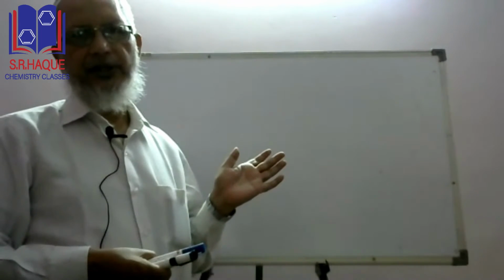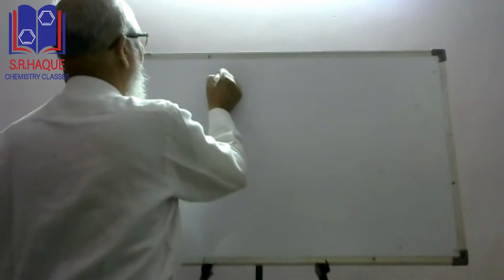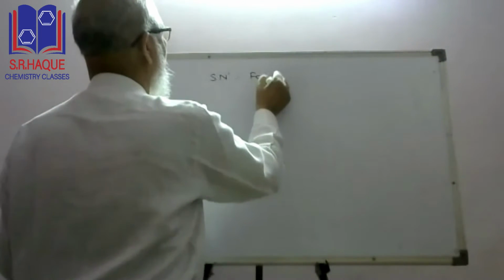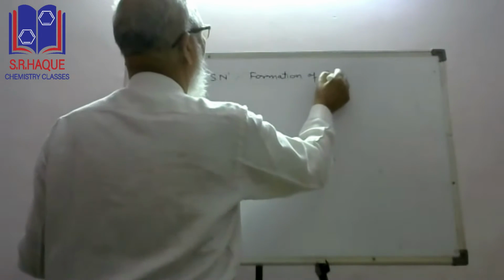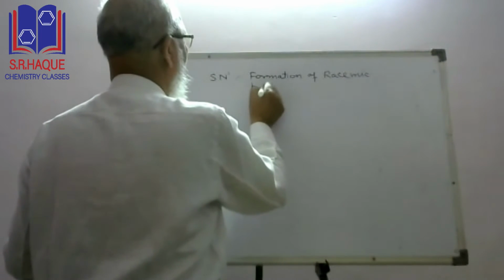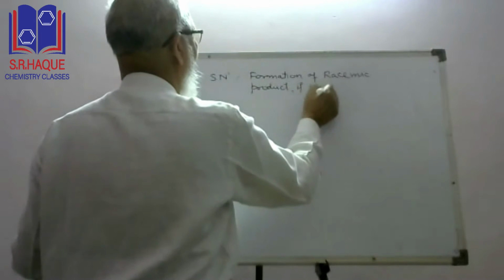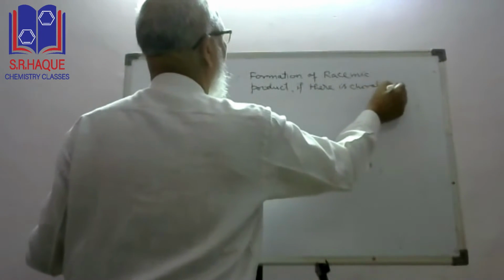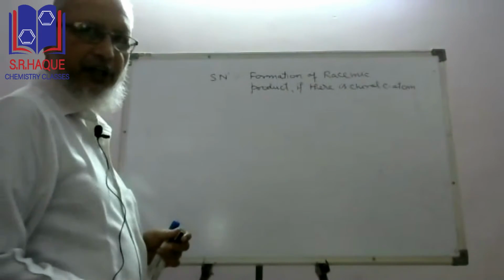And hence, in case of SN1, there is formation of racemic product if there is chiral carbon atom or the alkyl halide is optically active in nature.